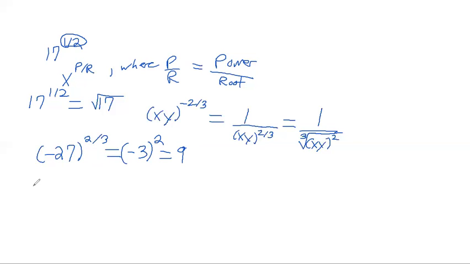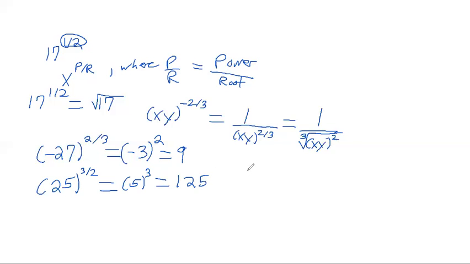So let's look at another one. Suppose I have 25 raised to the 3/2 power. Well, power over root, the root is 2, or square root. So the square root of 25 is 5. The power is 3, so I have to do 5 to the 3rd power, which is 5 times itself 3 times, which winds up giving us 125.